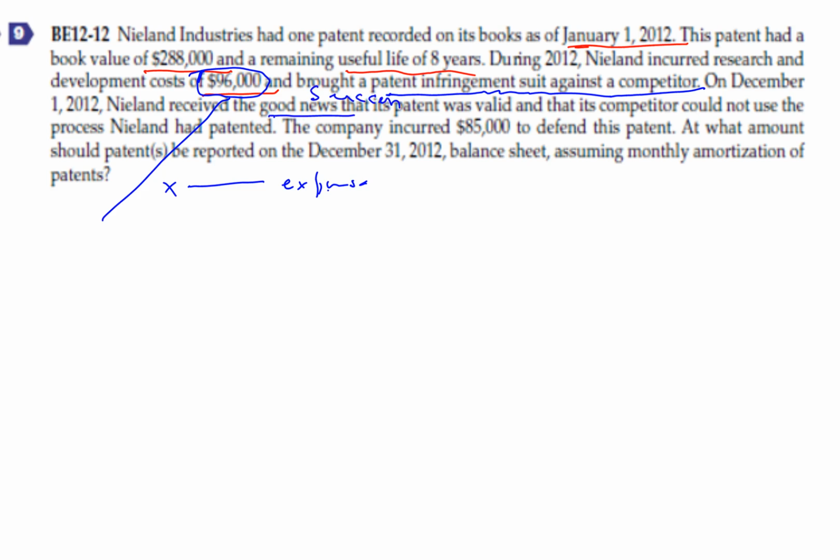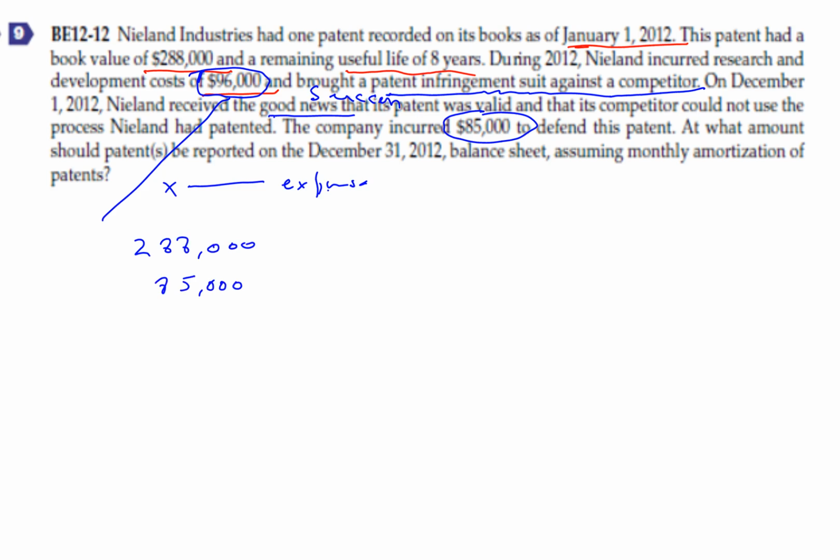And we know that the successful legal suit has to go into the carrying value or the balance sheet. The company incurred 85,000 for this. So now they have associated a number as well. So now we are very clear that the carrying value has to have 288,000 and 85,000.